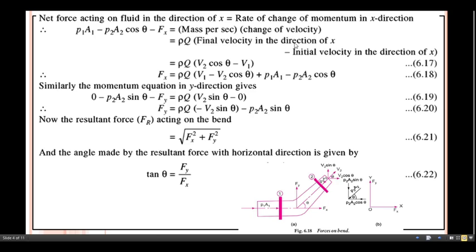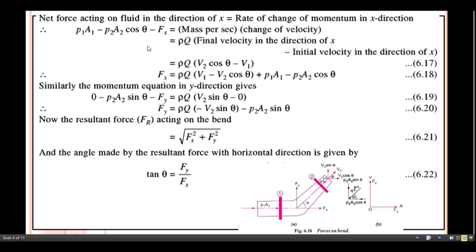It is the final velocity in the x direction minus the initial velocity in the x direction. The final velocity in the x direction is v2 cos theta, minus the initial velocity v1.